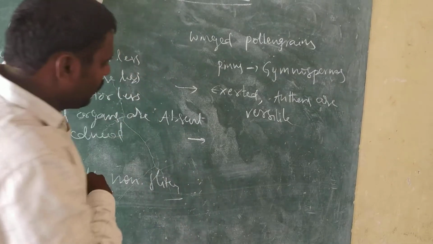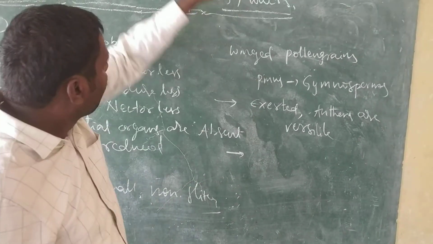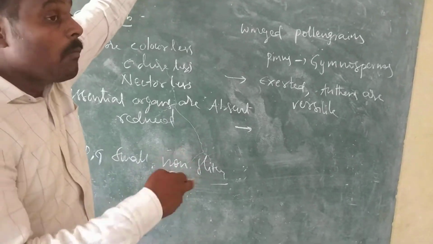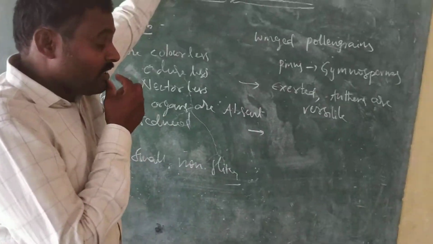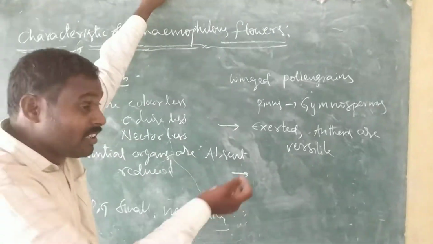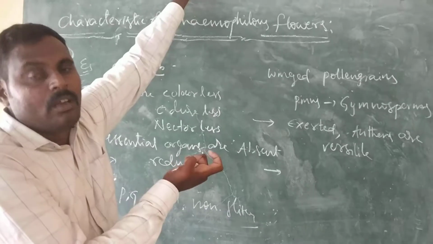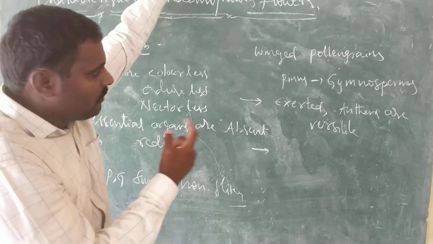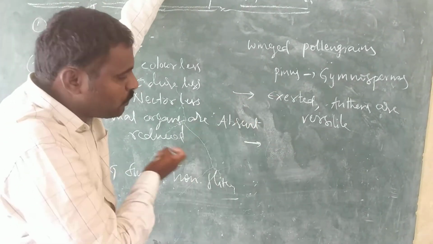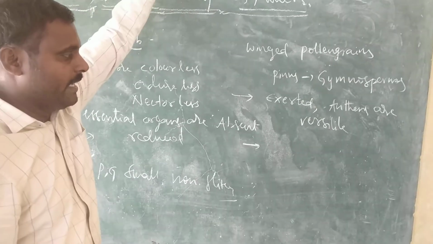And one more thing here: the flowers are developed above the foliage to trap the pollen grains.